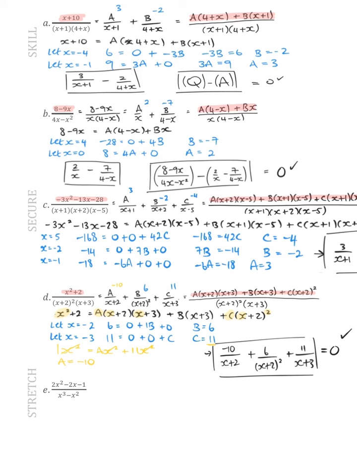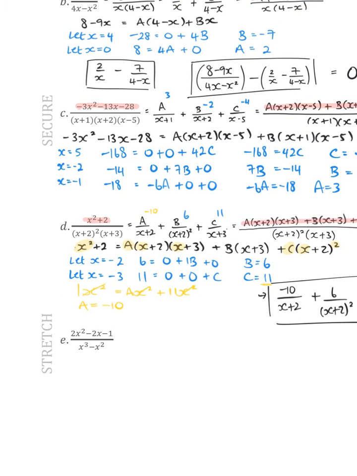Okay, final question, stretch question here, because we need to address the bottom first. So factorising that, I can take out x squared. So I have a over x plus b over x squared plus c over x minus 1.